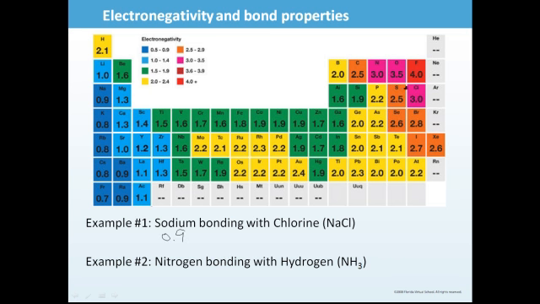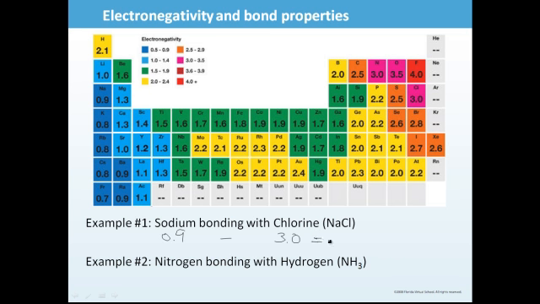Chlorine is over here on the right side of the table, Cl, and it has a value of 3.0. Okay, so we'll write that down here. 3.0. Now remember, we want the difference, so we're going to just subtract these two numbers. Now since we want the difference, it's kind of like absolute value, so you can switch it around and just say 3 minus 0.9.